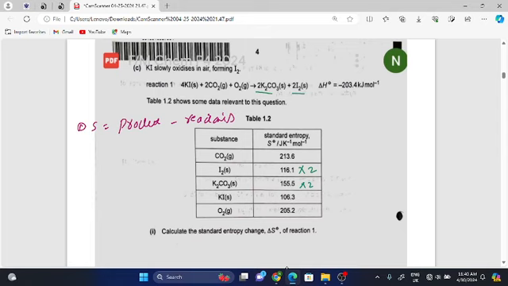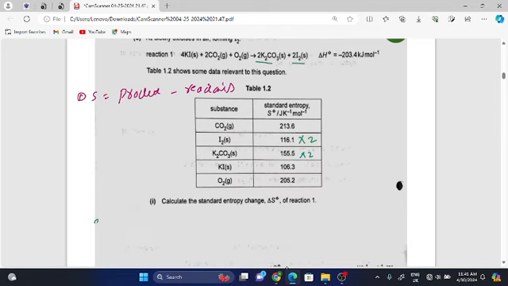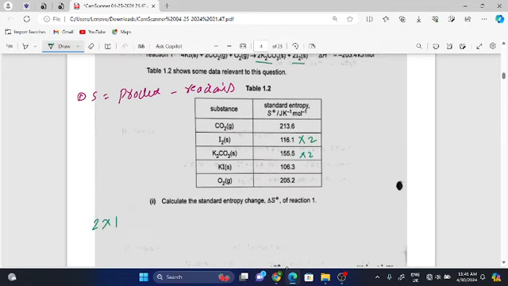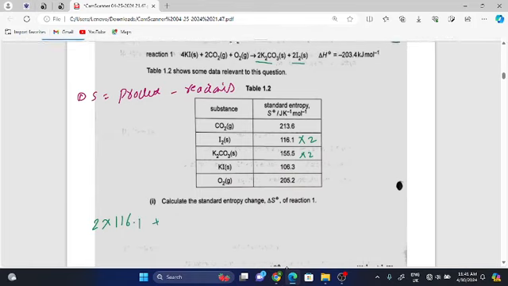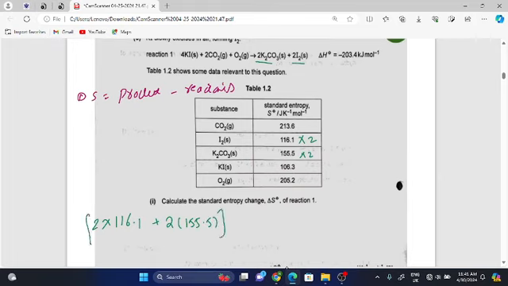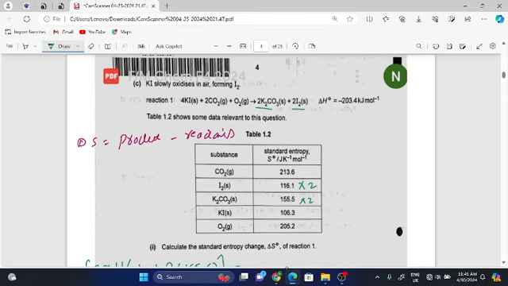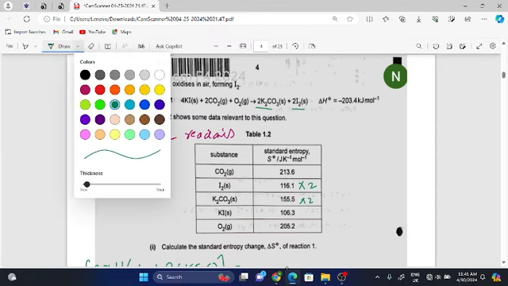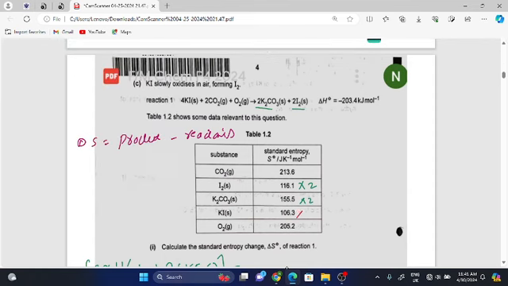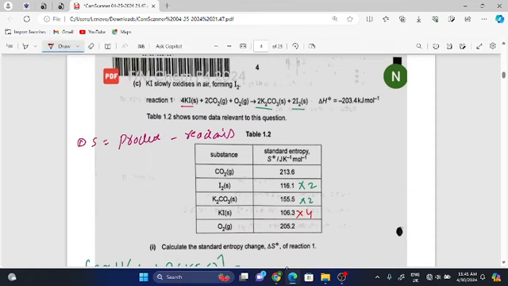So 2 times 116.1 plus 2 times 155.5, that is my product side, minus the reactant side, 4 times KI. So here you have to times it by 4 for this part.